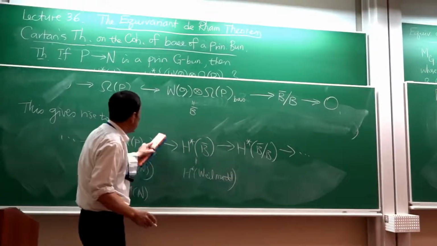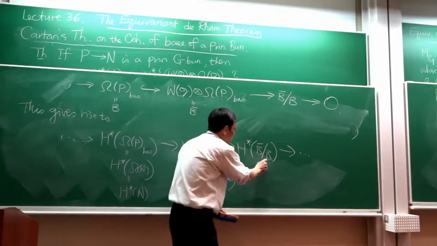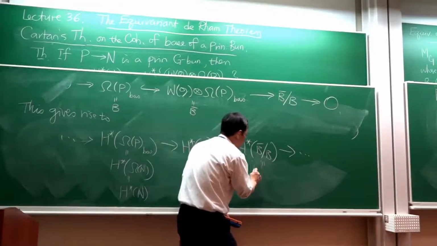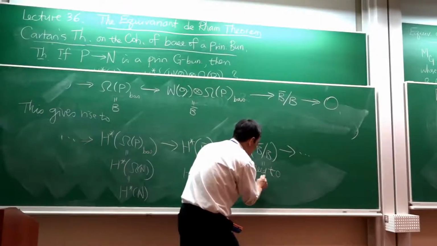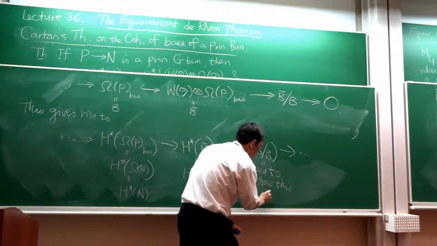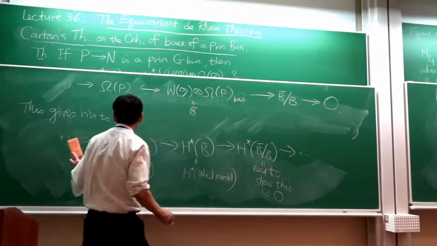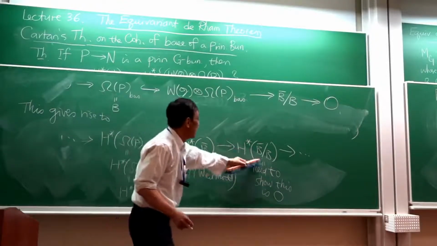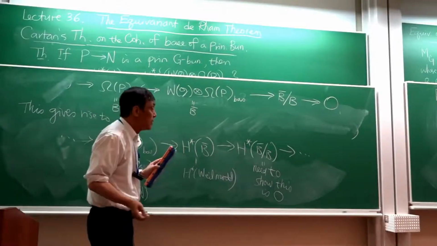You want to show that this is an isomorphism, so it's enough to show that this is 0. If you can show that that's 0, then you have an isomorphism here, and that's Cartan's theorem.